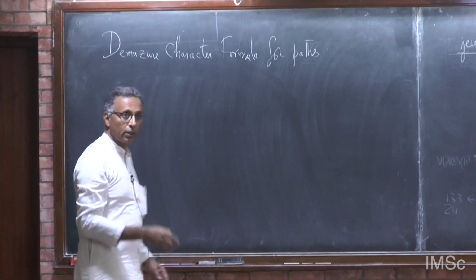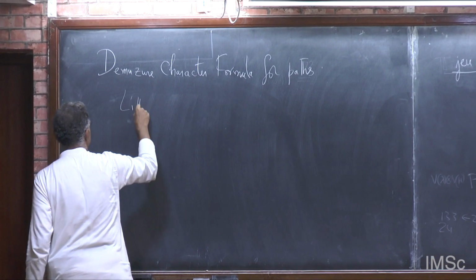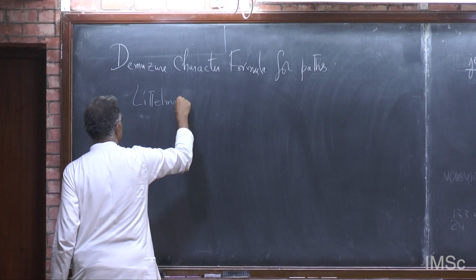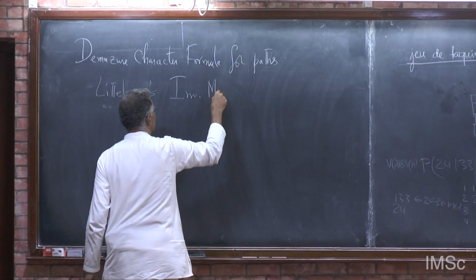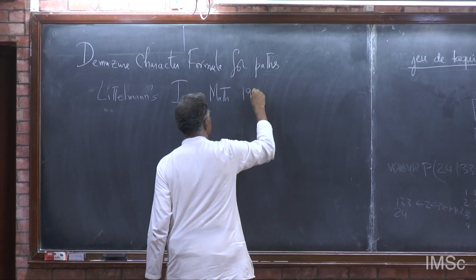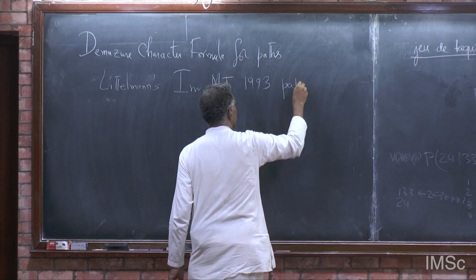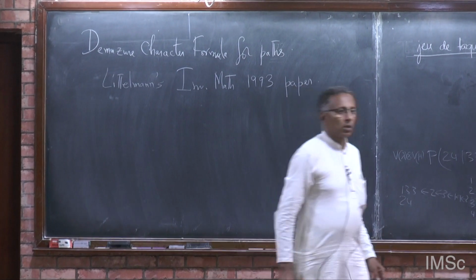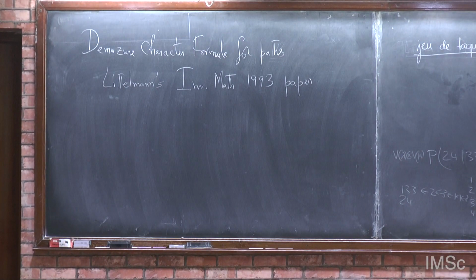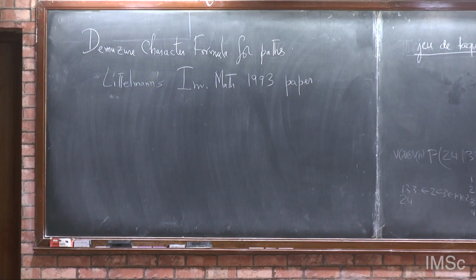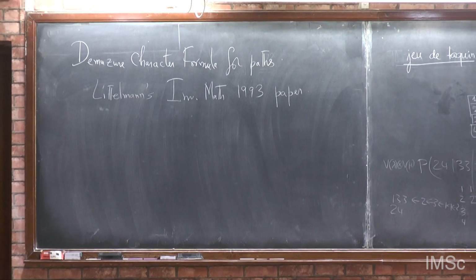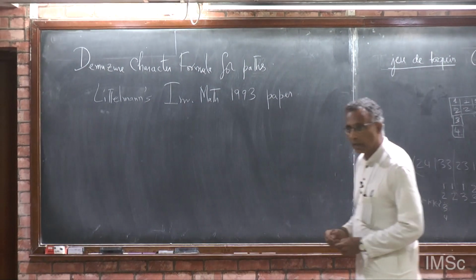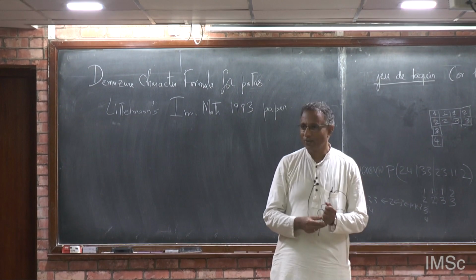The reference for this is in Littelmann's paper, where in fact the title reads something like Littlewood-Richardson rule for symmetrizable Kac-Moody Lie algebras. Generalized Littlewood-Richardson rule. Okay, whatever, Littlewood-Richardson rule.